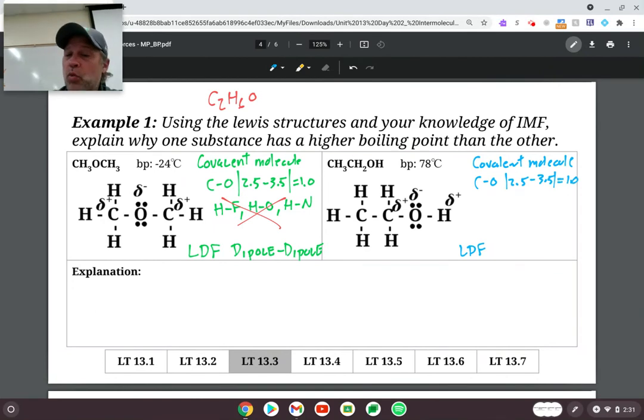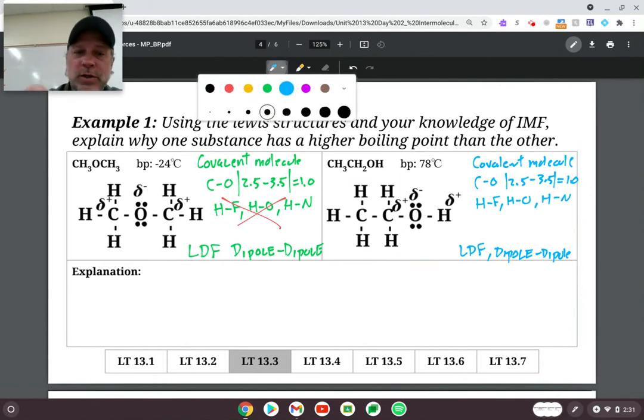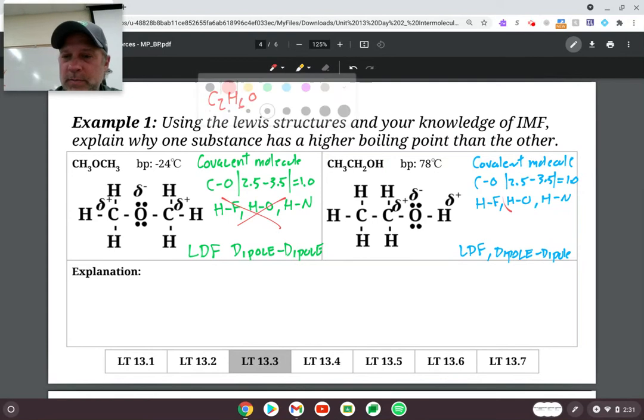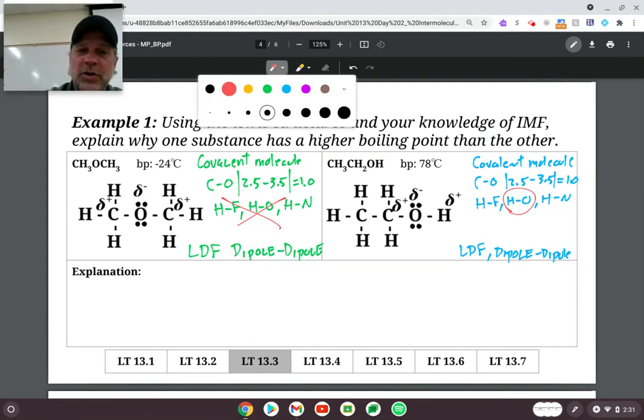So there is one instance of dipole-dipole. And I do see that there is an HF, HO, or HN bond present, which this time I'm going to circle. So that tells me that there's also hydrogen bonding.